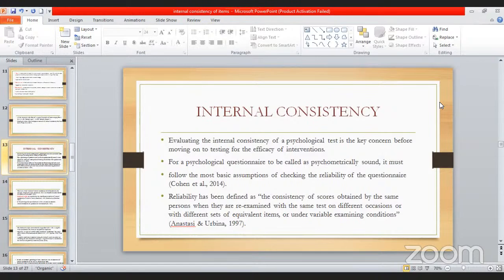Reliability is defined as consistency of scores obtained by the same persons when they are re-examined with the same test on different occasions, or with different sets of equivalent items, or under variable examining conditions.